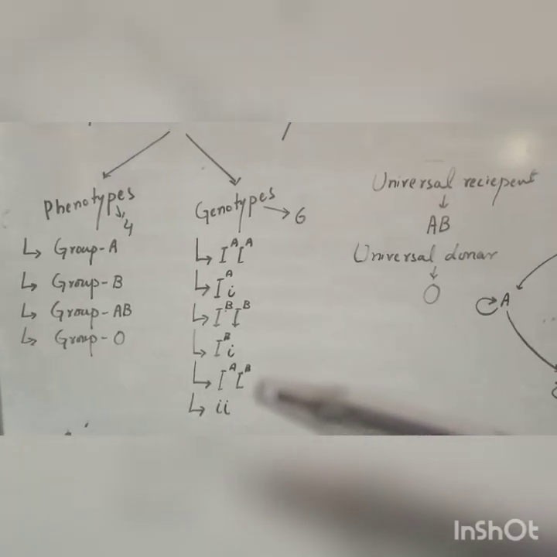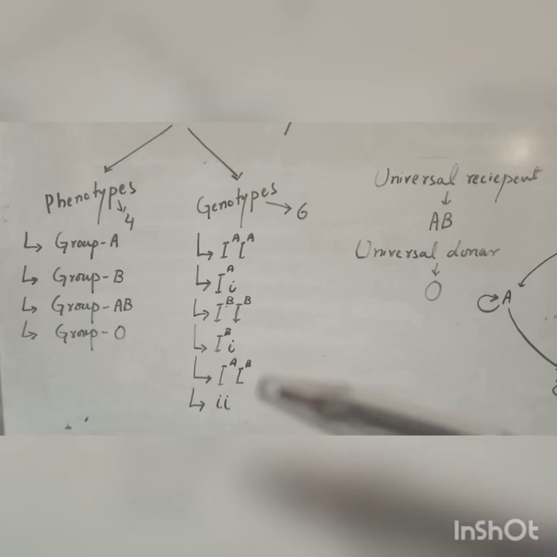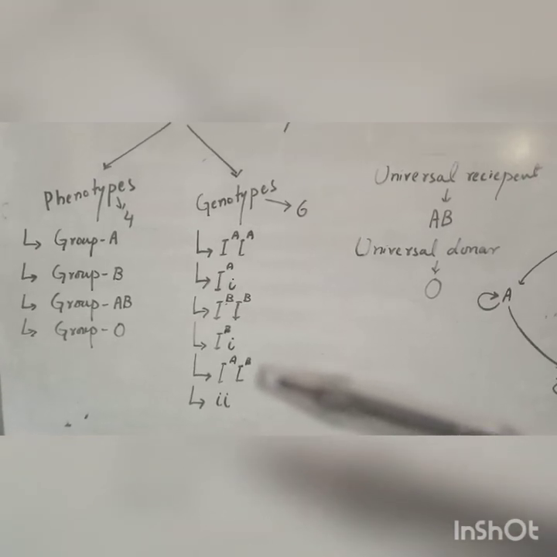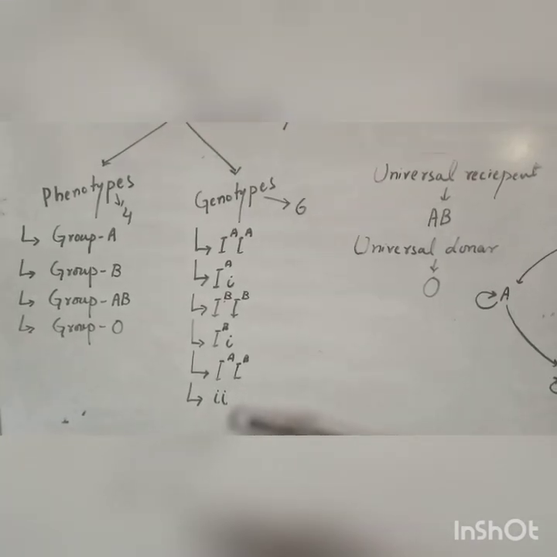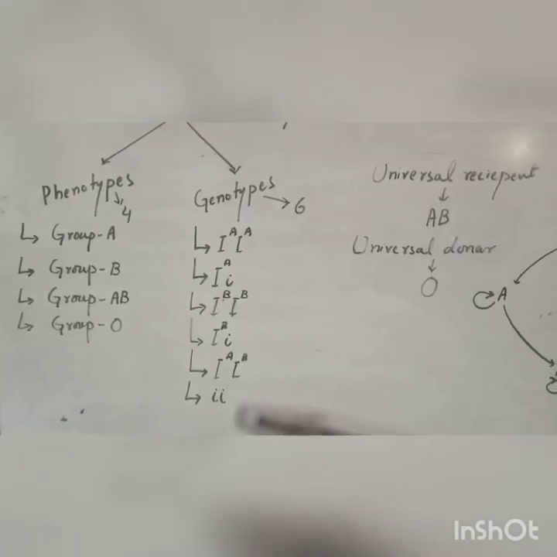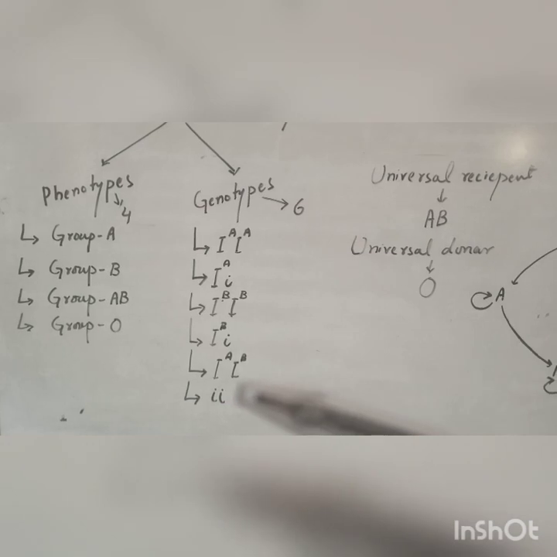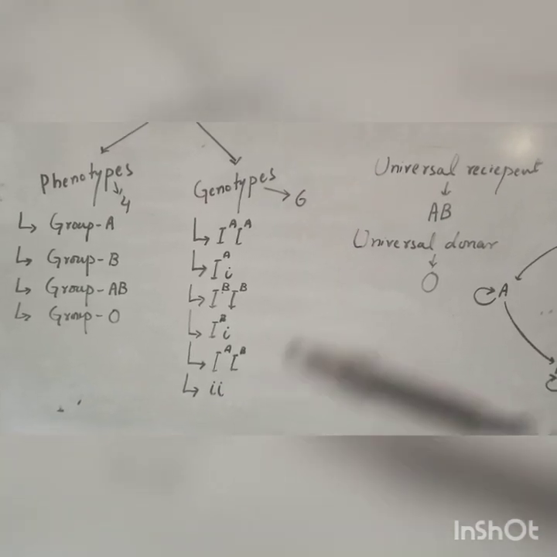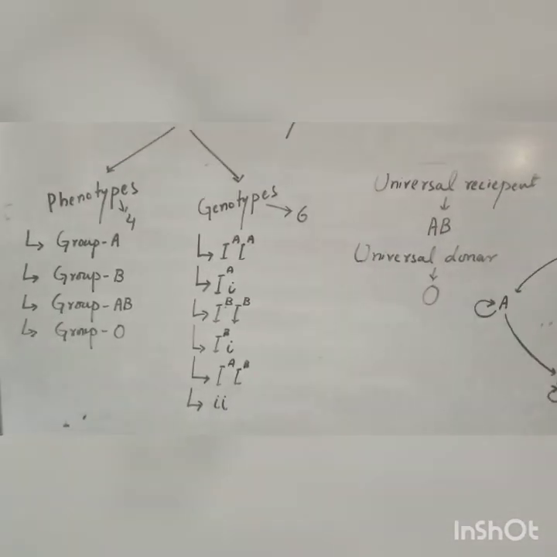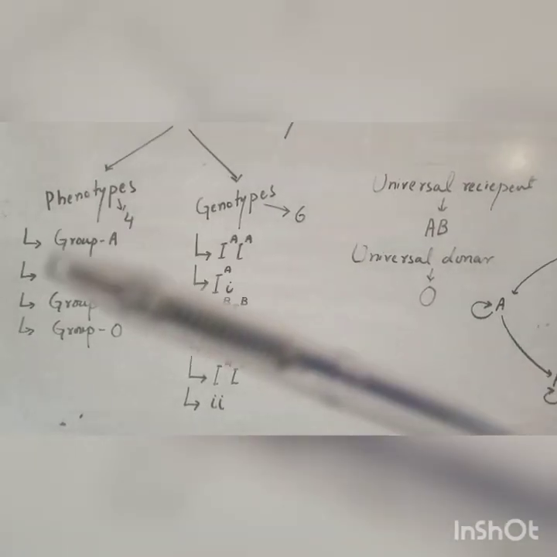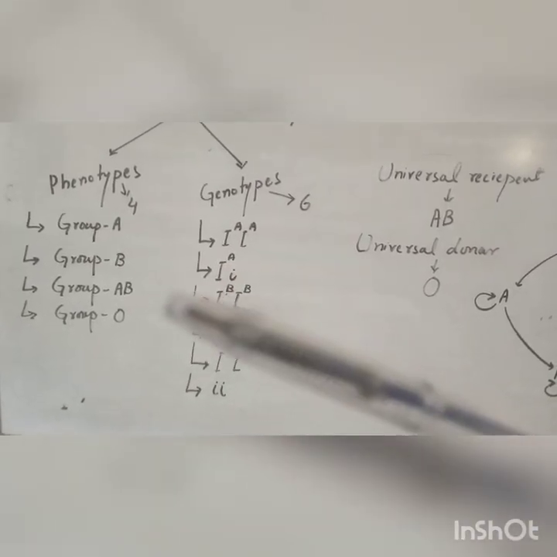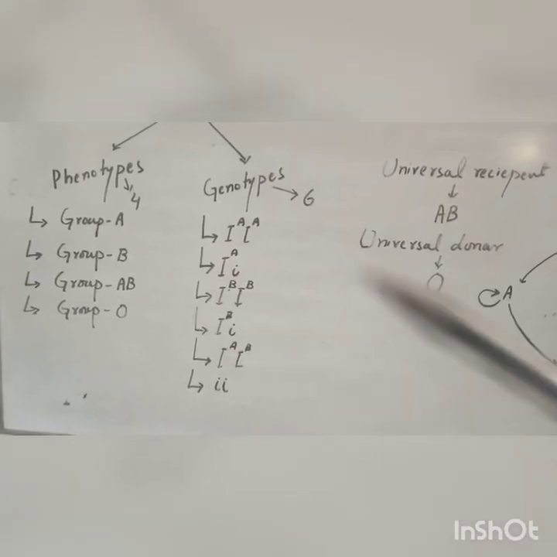Blood group AB is the example of codominance where both alleles express at the same time. And that one is for blood group O, represented by small i's, and that is homozygous. So these are the 6 genotypes and these are the 4 phenotypes of the blood group system.